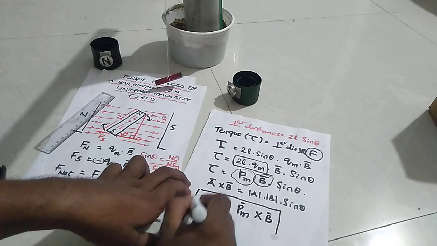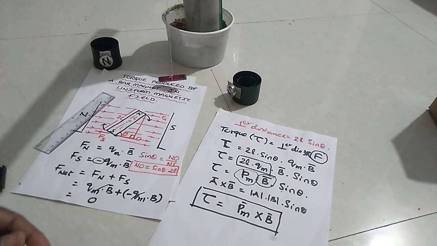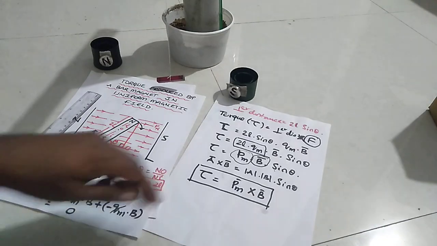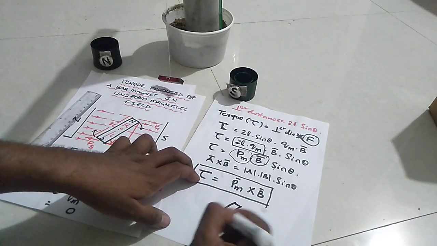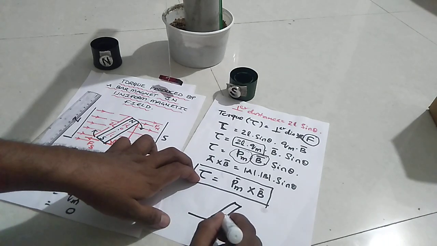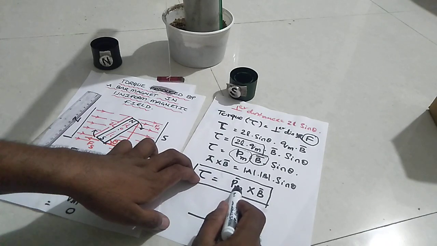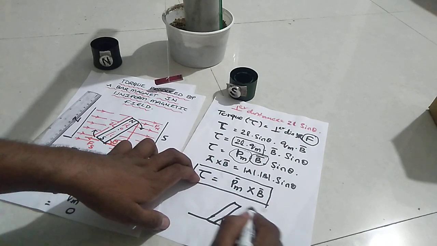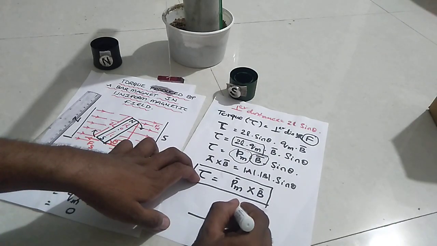Now the question is, in what direction is it going to rotate? Let's see. What is our formula? Pm. Now see, this is our bar magnet, and this is the theta. This is Pm, and this is our B. B is acting in this direction, and Pm is acting in this direction.